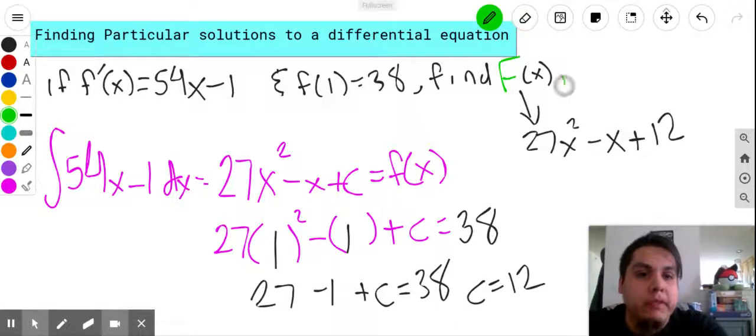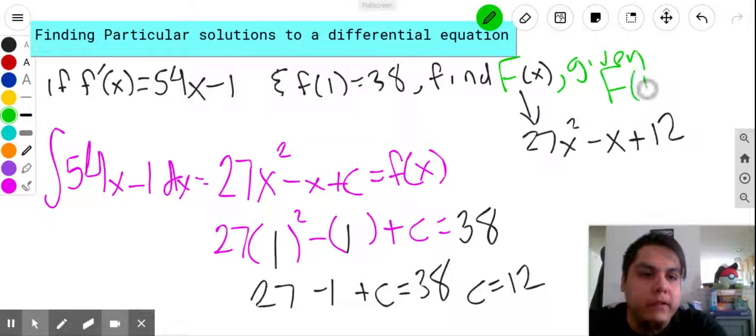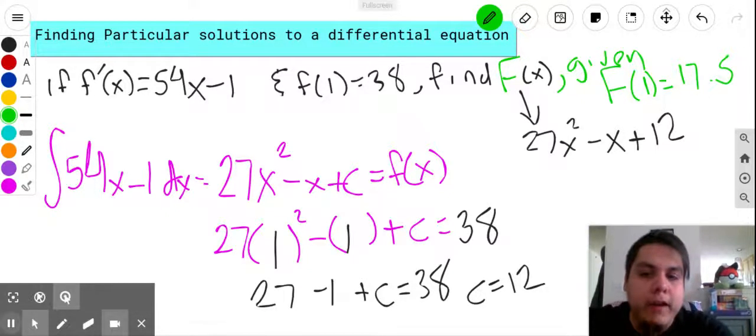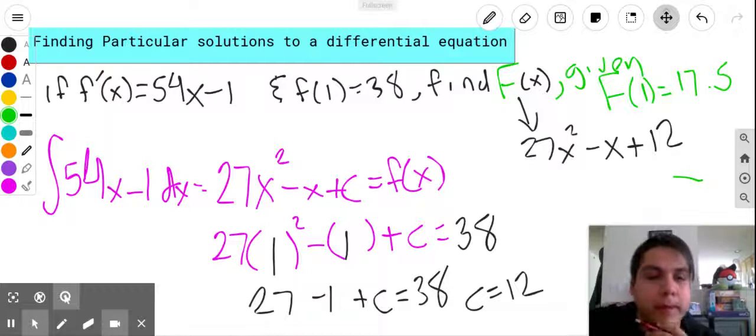So here's the other piece of information we're going to use. Given capital F of 1 equaled 17.5. All right. So we have half the work done.